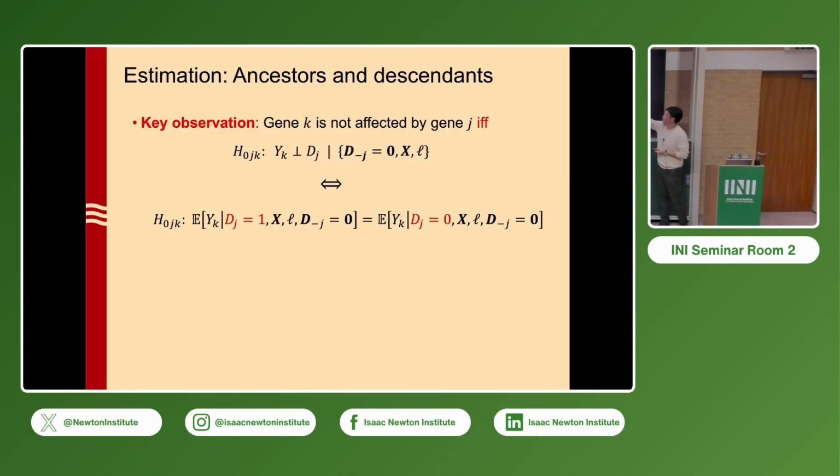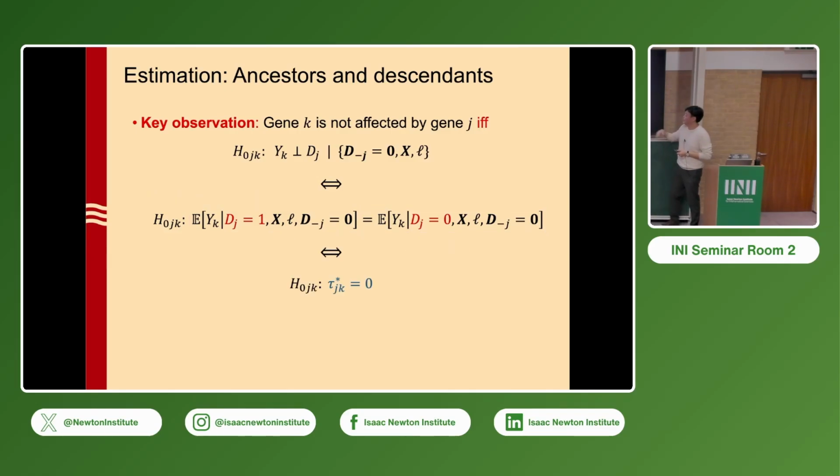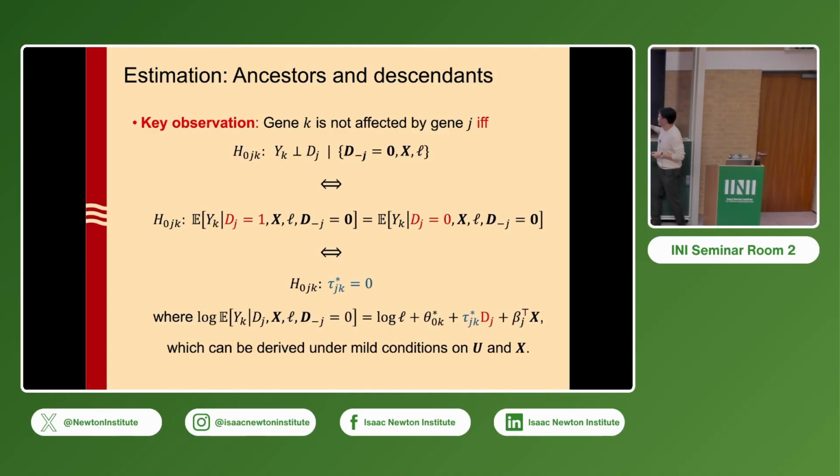Based on our model, it's equivalent to investigating the average expression level of gene K, whether the expression level of gene K changes per perturbation on gene J. That's the equivalent null hypothesis, and it's the same as saying that tau_jk is equal to 0, where tau_jk denotes the regression coefficient for this D_j, where we regress Y_k on D_j. This can be derived from our model. So essentially, we want to test if this is 0 or not for each j and k to learn the descendants and ancestors.